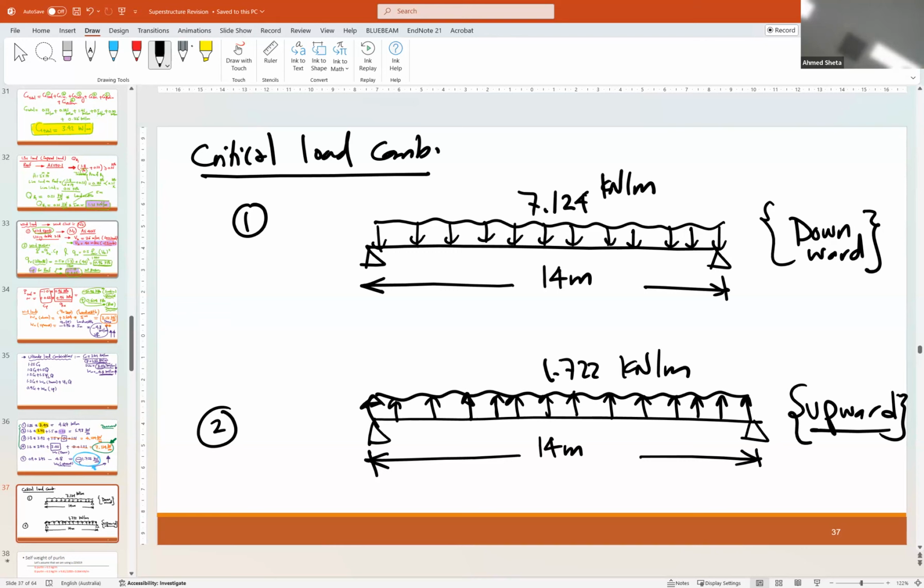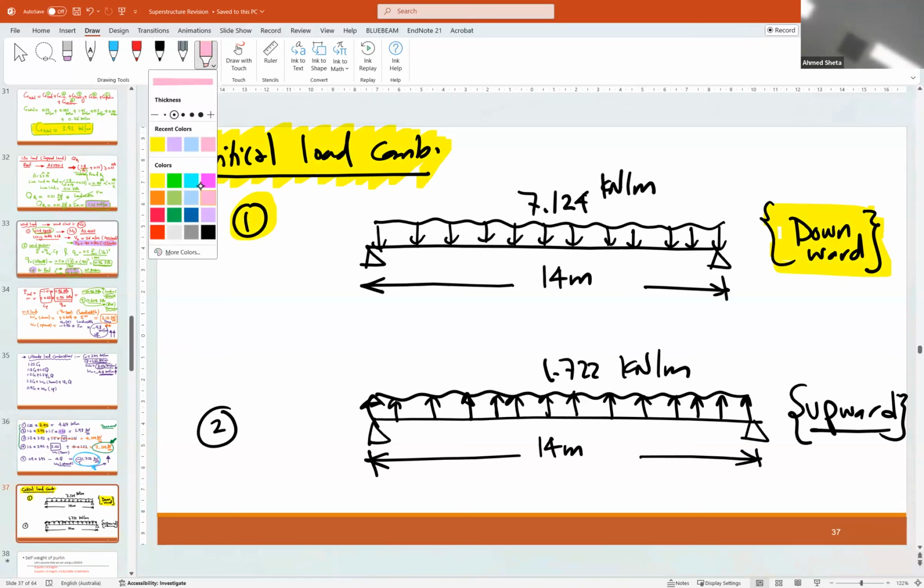So this is the critical load combination for us. The first one is the downward case. The second one is the upward case. Do you have any question, guys, about this part or this question?